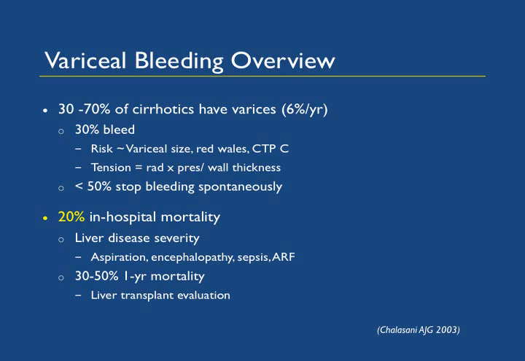Patients who have more severe liver disease are more likely to die from either aspiration, progressive encephalopathy, sepsis, and/or acute renal failure. In patients who survive their initial hospitalization, their prognosis is guarded, with a 30 to 50% one-year mortality, and hence any patient who develops variceal bleeding should be urgently referred for liver transplant evaluation.